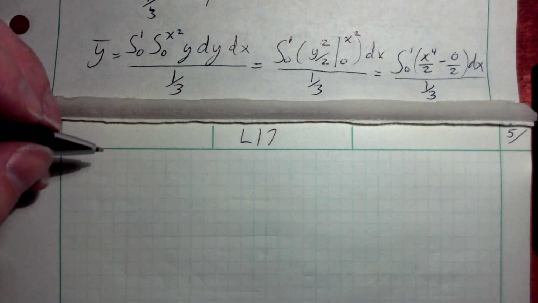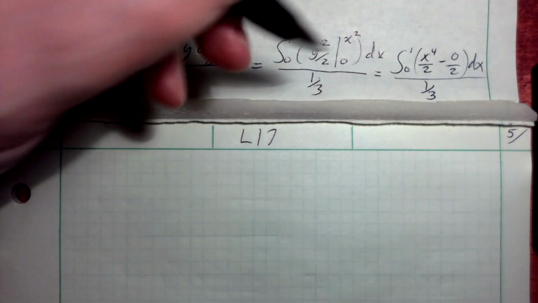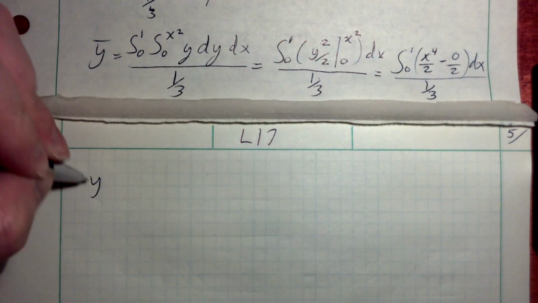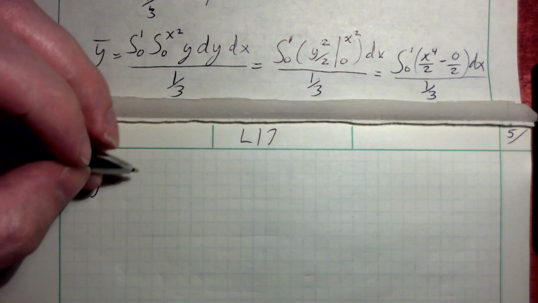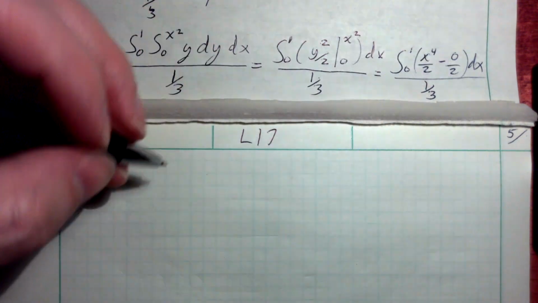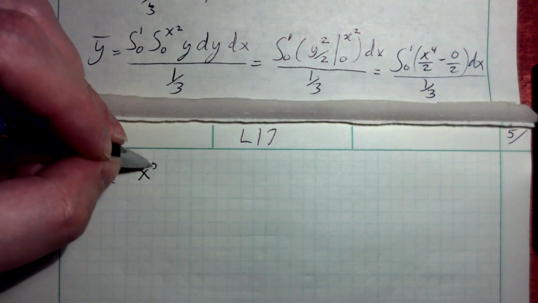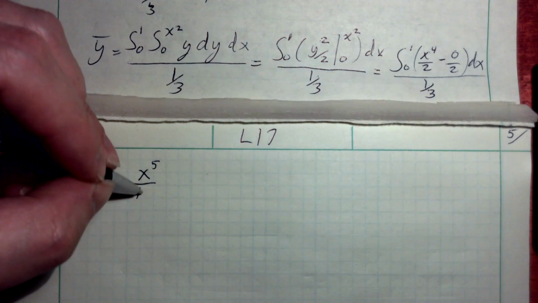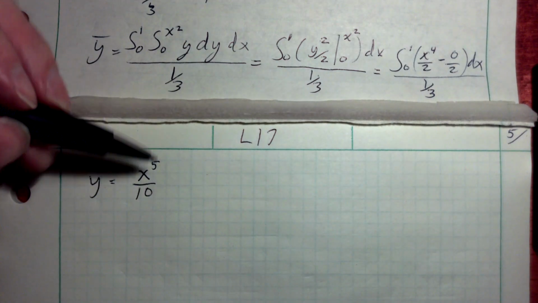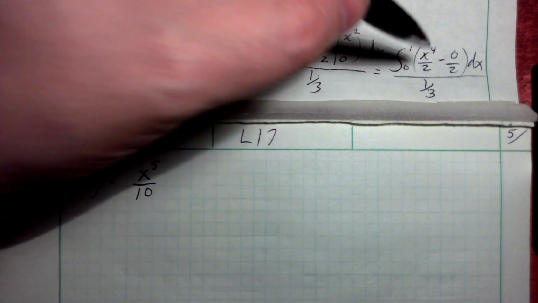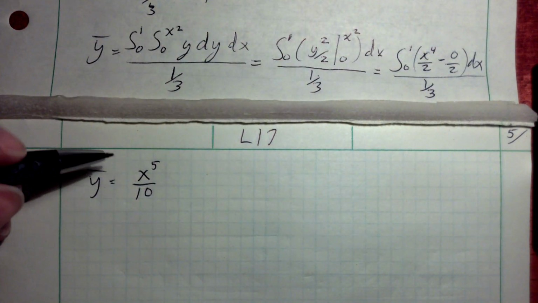Okay, what do we got here? So I'm integrating x to the 4th over 2 with respect to x. So y bar then is going to be, so this integral here, this becomes x to the 5th over 10, right? Because it's x to the 5th over 5 multiplied by a half. So it's x to the 5th over 10.